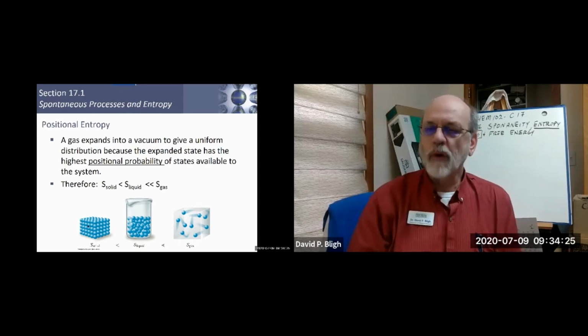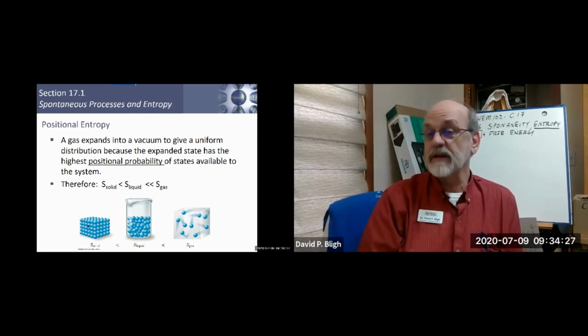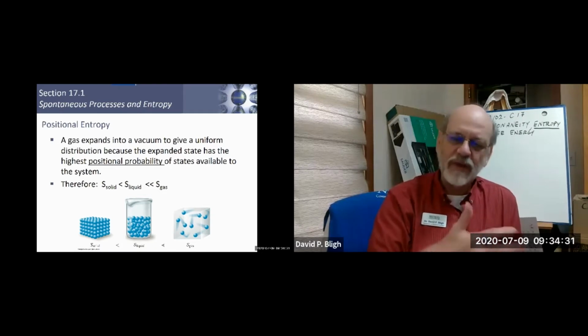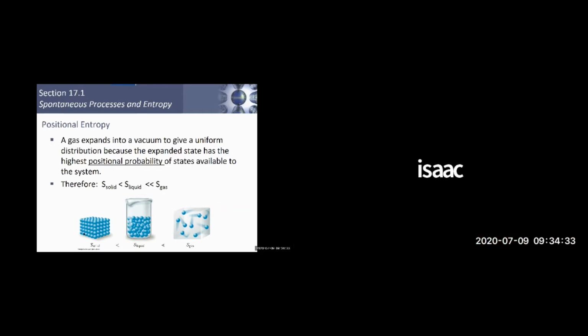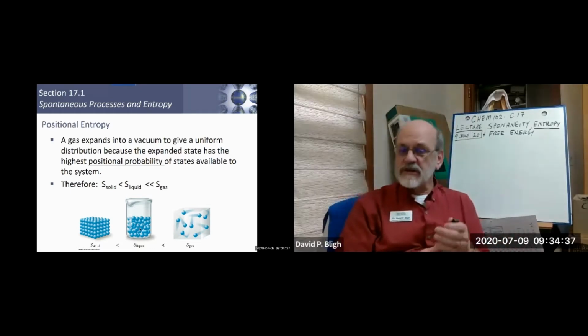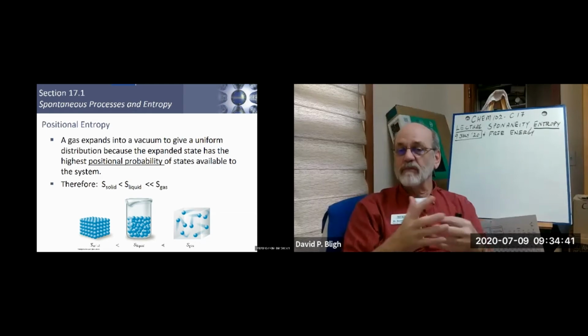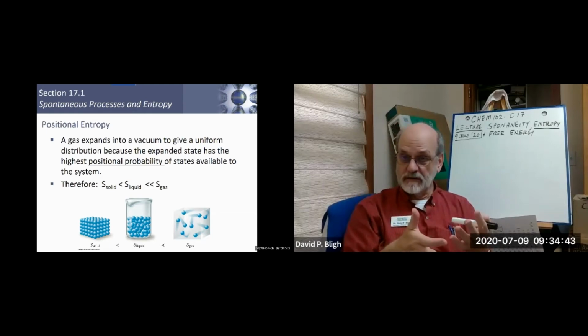Now, if you form the crystal again, you might get a different one, but you still would be limited to the number of possible microstates for a solid. Whereas in a liquid, there's enough energy there for the molecules to move past one another. So you have many more possible microstates in the liquid.